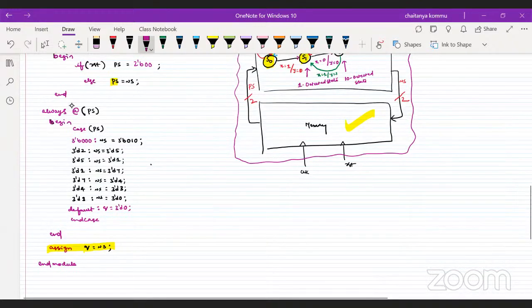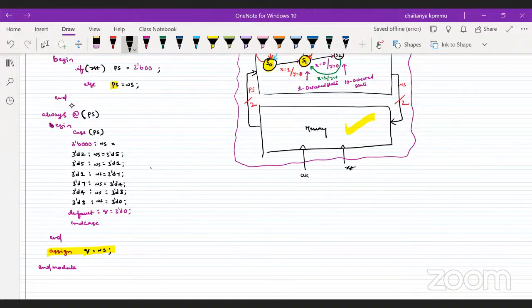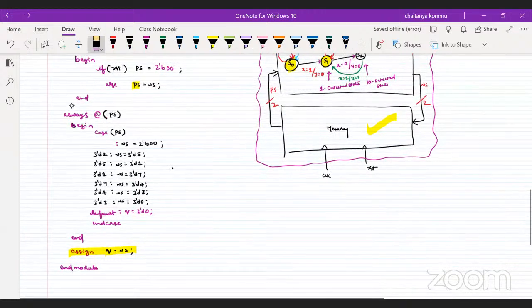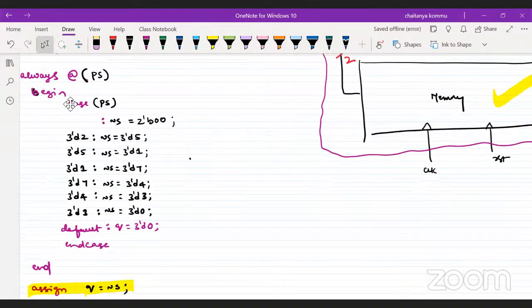Okay, I want to remove these things. Delete. Okay, so I write again. For example, if you are in the 0, 1 position, in 0, 1 the next state should be 2-bit of 1, 0.